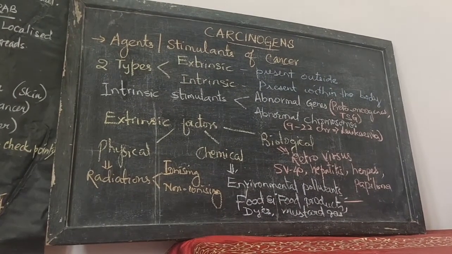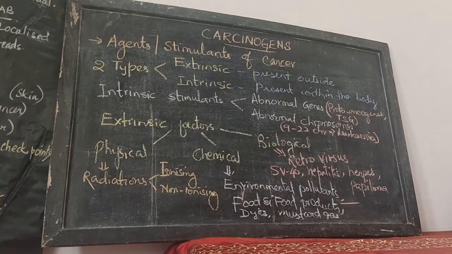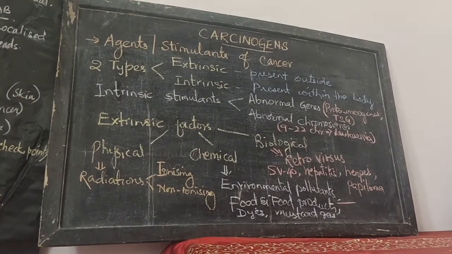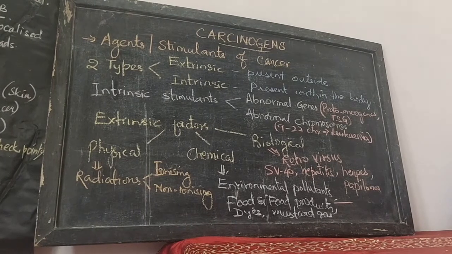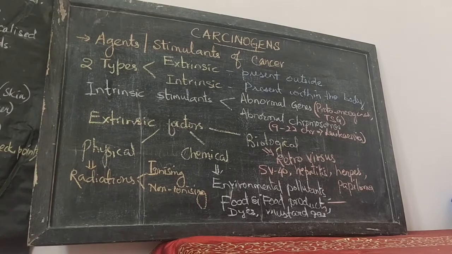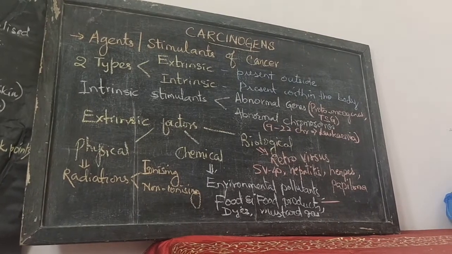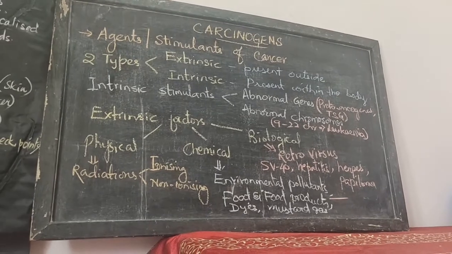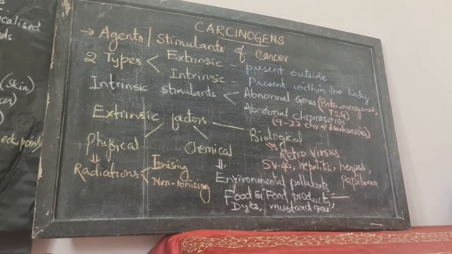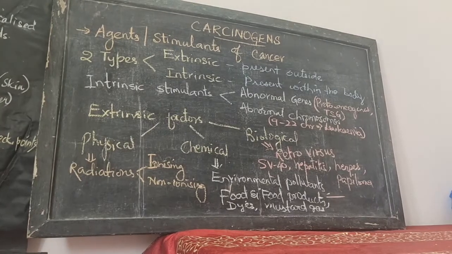Exposure to steroids, diethylstilbestrol, a steroid used as a contraceptive pill, causes vaginal and cervical cancer. So all these chemicals are very dangerous to the body of normal individuals, which upon longer duration exposure will lead to a cancerous condition.